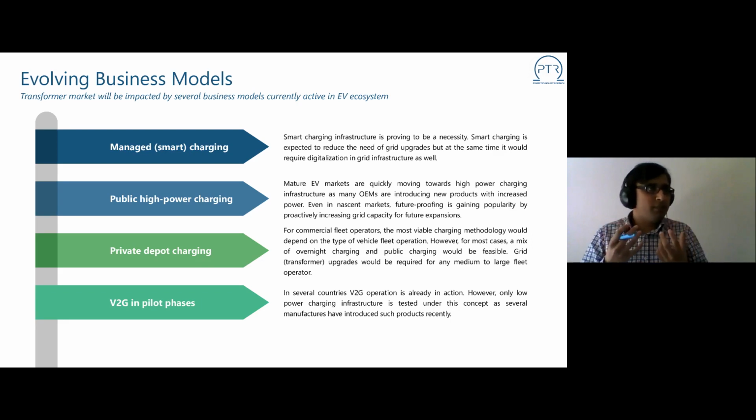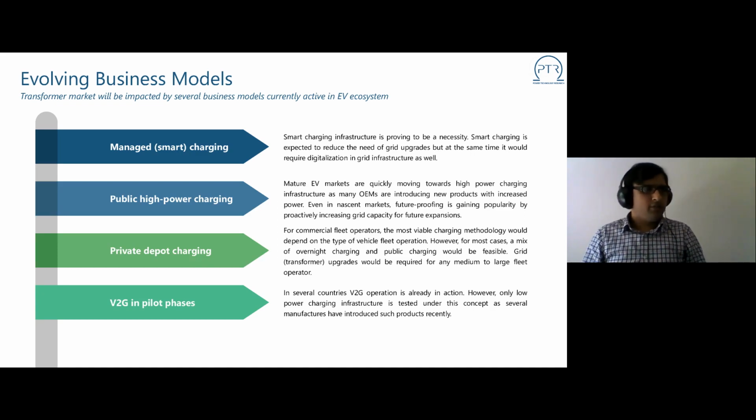So a preemptive, proactive approach by the utilities is something that we can see. Even though the charging infrastructure does not demand a lot of capacity additions on the back end, utilities are still proactively increasing the grid capacity to make sure that in future high power charging infrastructure can be installed in place of low power charging.